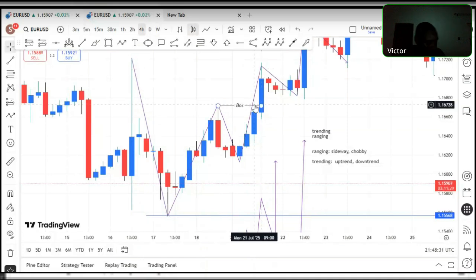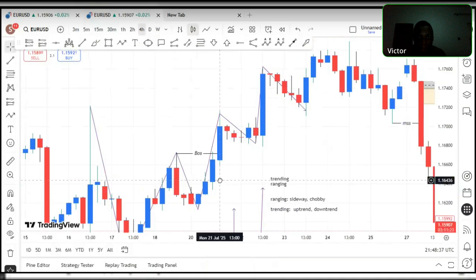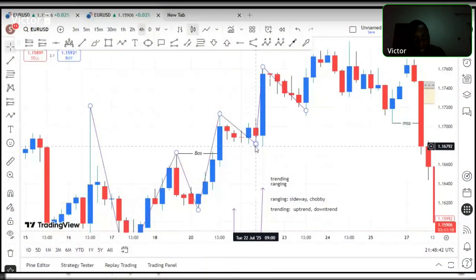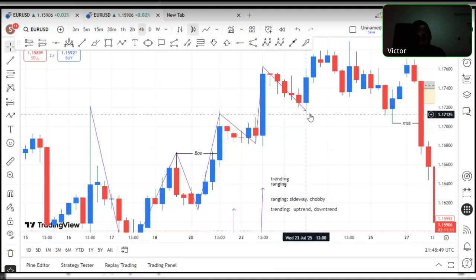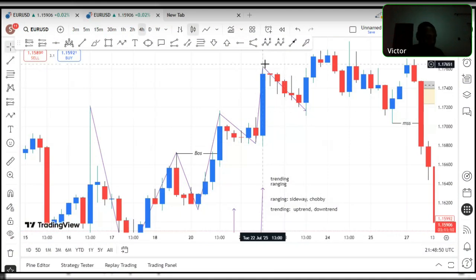After this break of structure, we have price coming to this place, then creating another higher low, then another break of structure, then another higher low here, another break of structure. So that's the idea behind an uptrend.